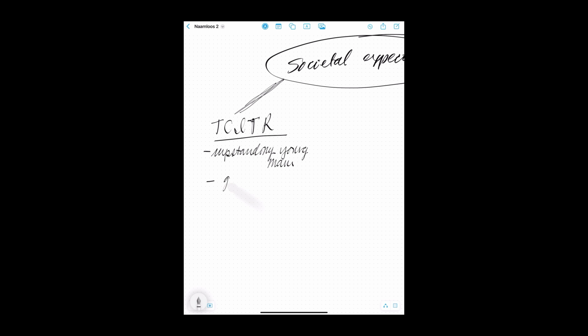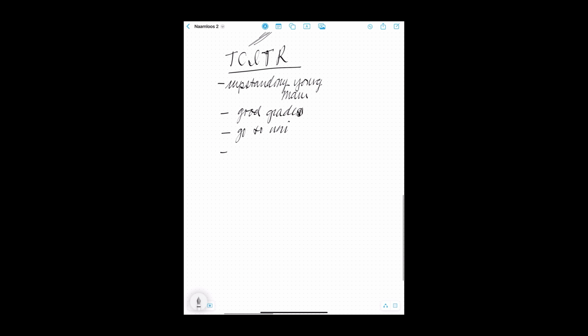He's supposed to get good grades, go to college, go to uni, and eventually he's supposed to move into what we would call upper class. His world, essentially by his parents, his family, has thought everything out.